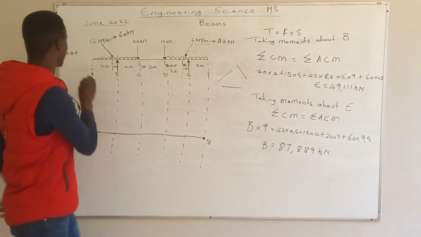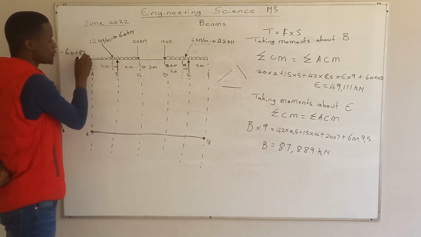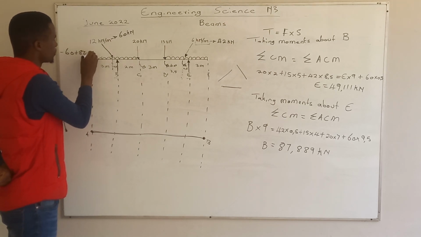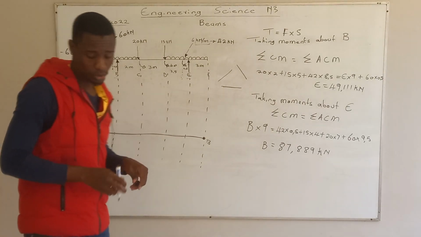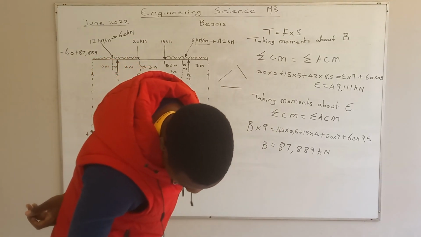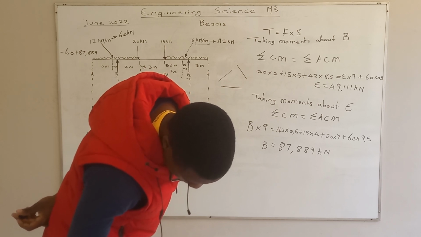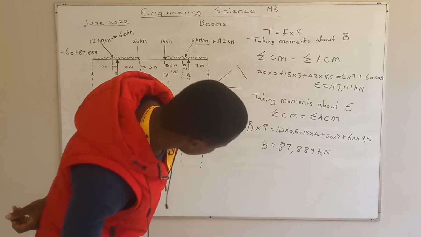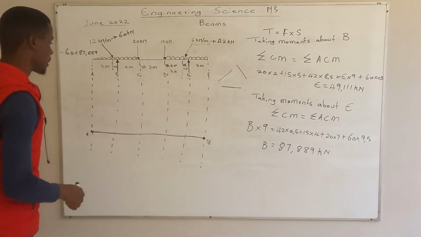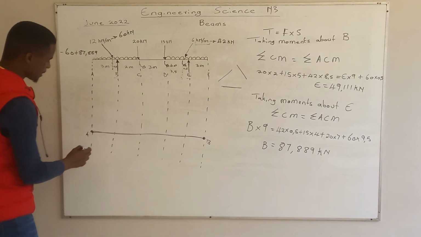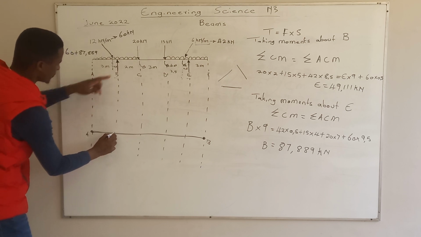And our B we calculated it as 87.889. Now, when you calculate this, you get what? According to my calculator, I'm getting 27.889. 27.889. So you go into this one.